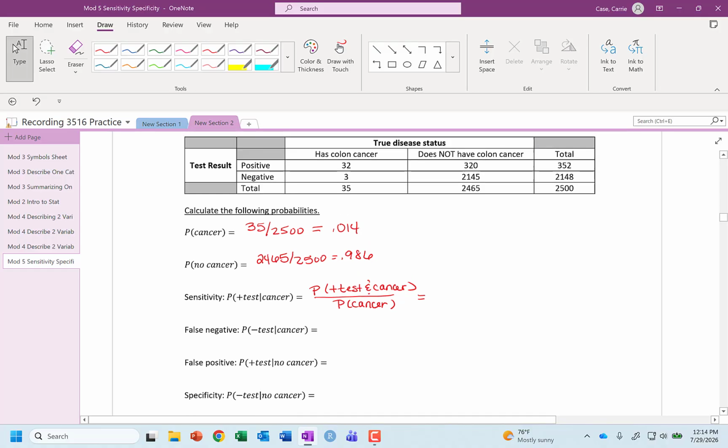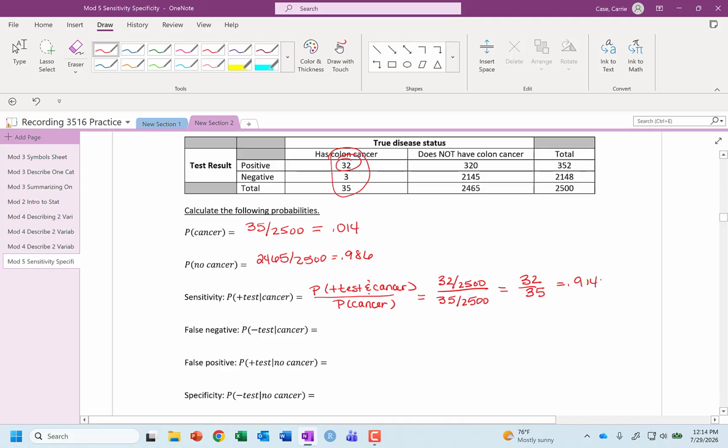So the number of people who have a positive test result and cancer are 32 out of 2,500. The number of people who have cancer total is this whole row, so it's 35 out of 2,500, and that's 32 over 35, which is 0.914.